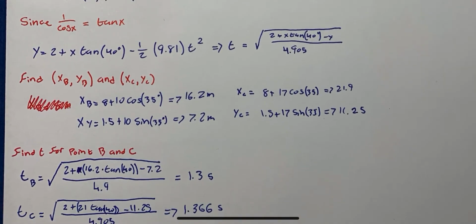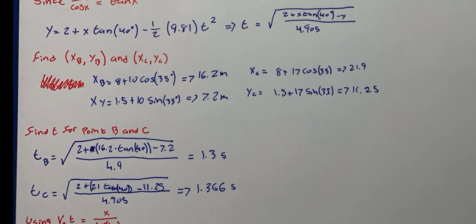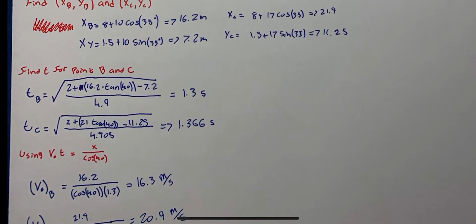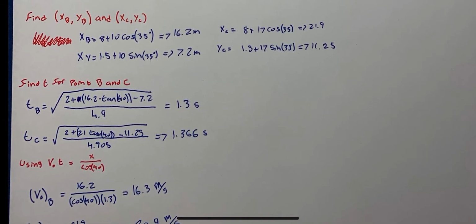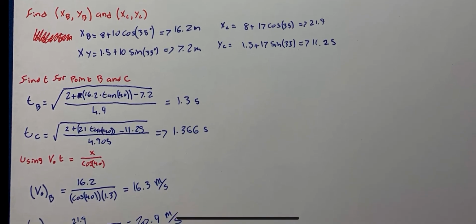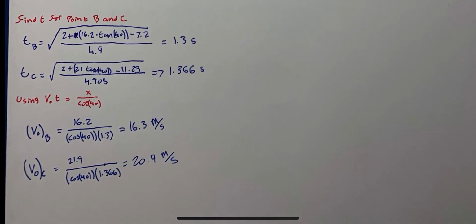You just need to find where they are on the coordinate system. And this is where they are. After you find where they are on the coordinate system, it's simple to just plug in those numbers and you'll come up with a time from the time equation we solved for.